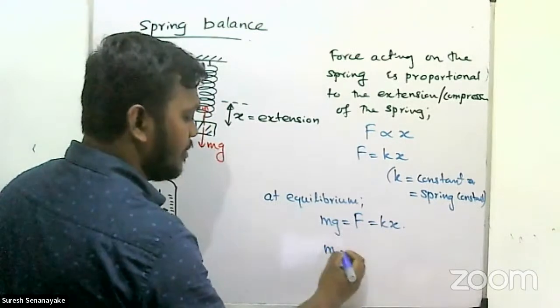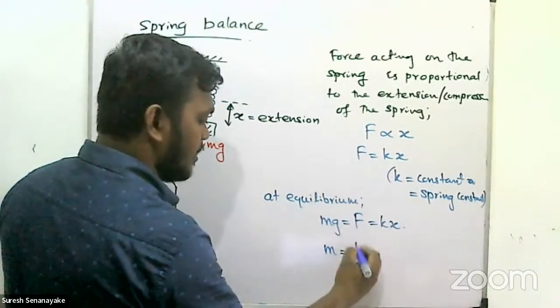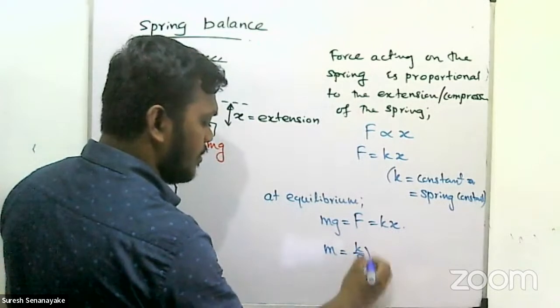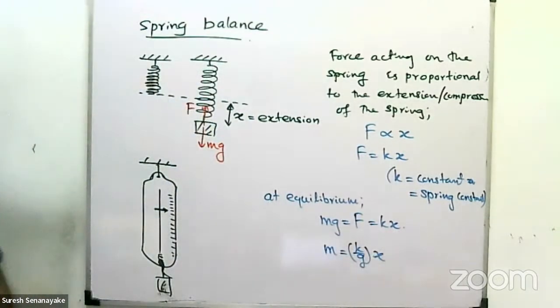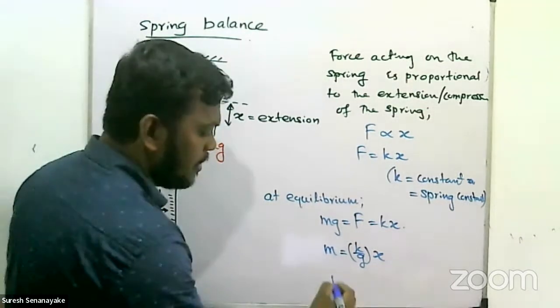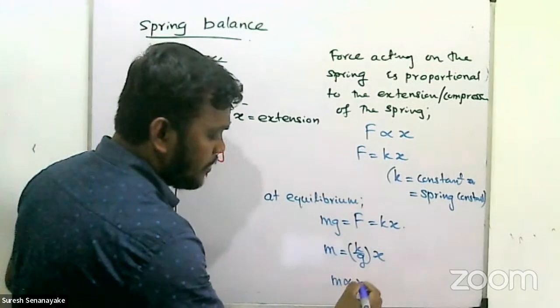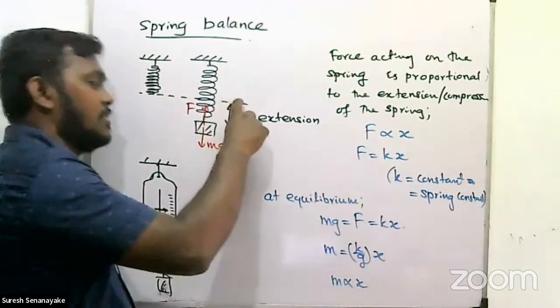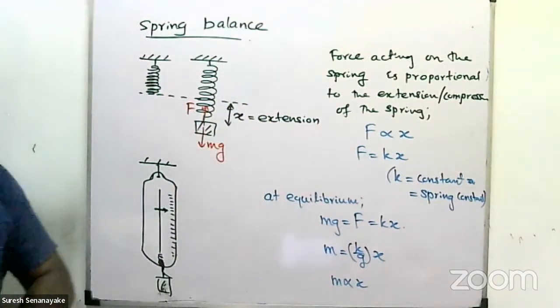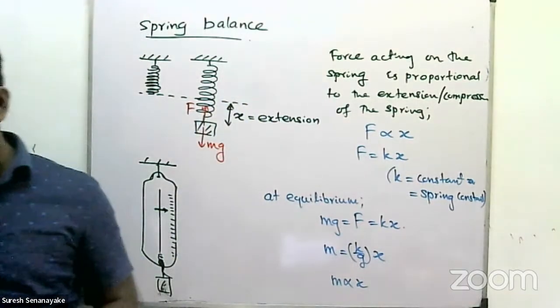The mass then equals k over g times x. The g is a constant for the earth's surface and k is a constant for a given spring. And then you can say that the mass of the body is proportional to the extension. So if you can measure the extension, then you can tell what mass is hung on it, right?